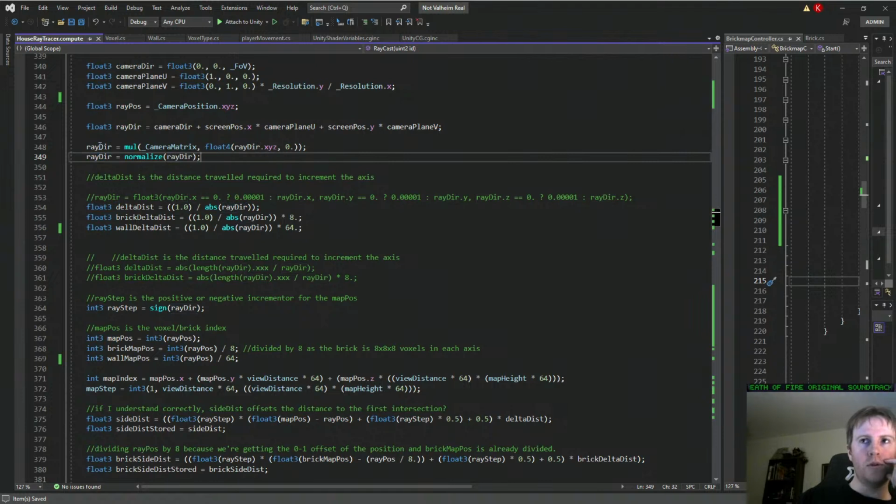And then we use that as a new ray position. And that's the only way I can think of doing it that might have a chance of working.